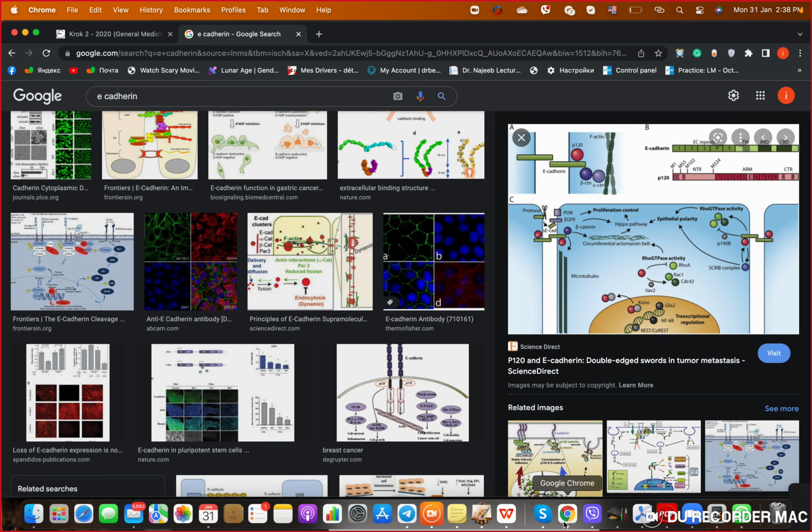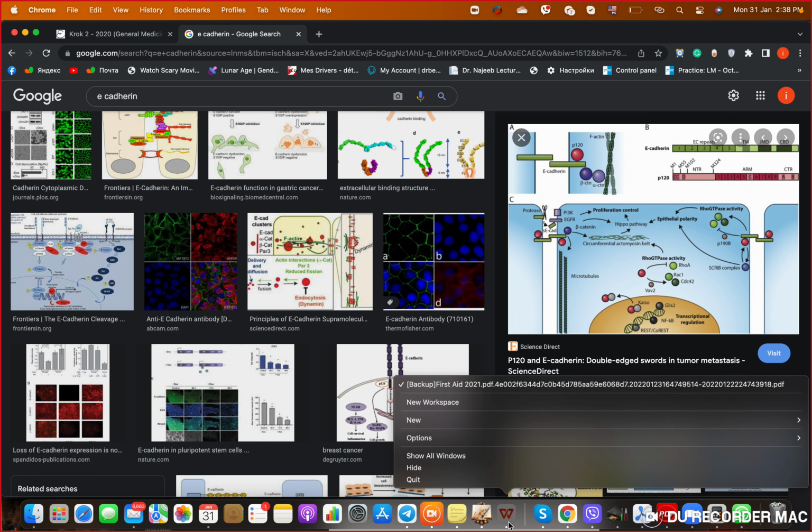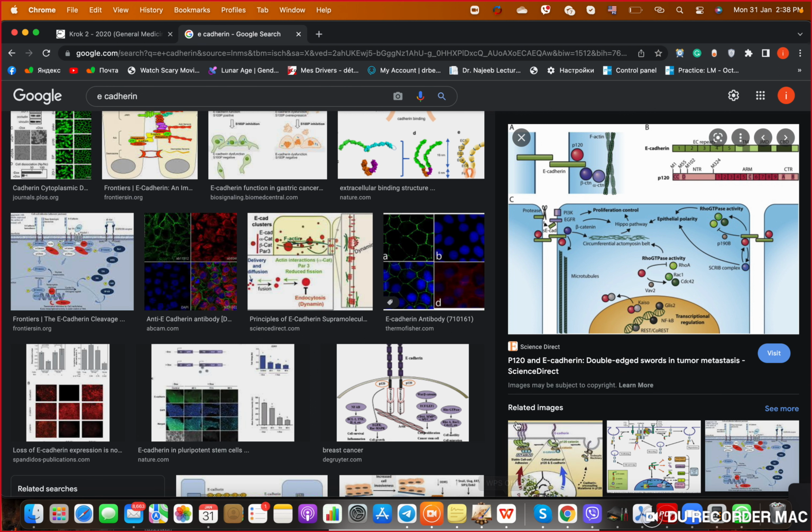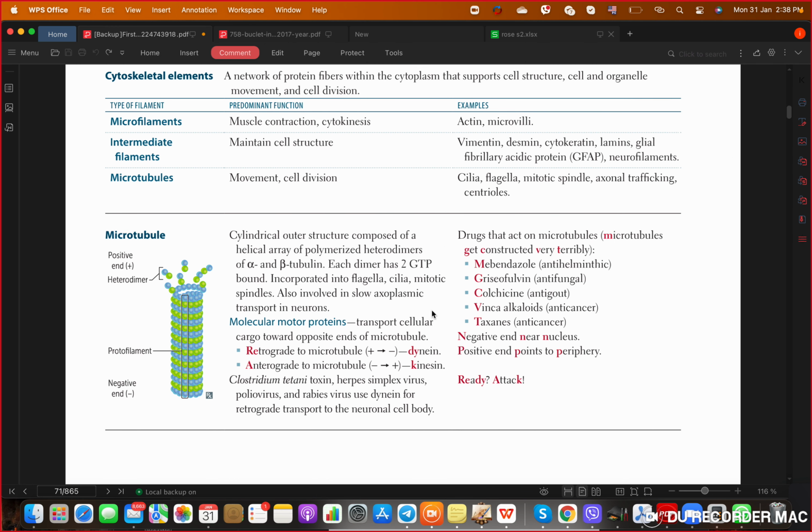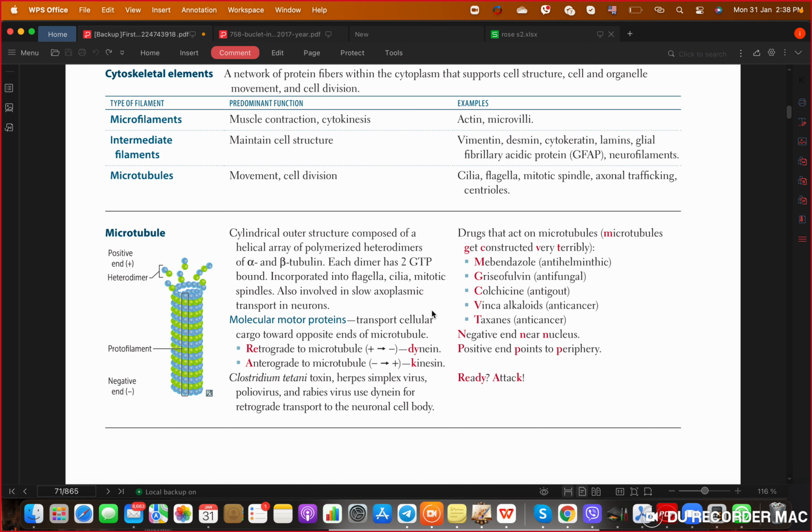So is this for melanoma you're talking about? Melanoma is one of the examples, but not only. Even squamous cell carcinoma of the cervix, for example, can be the same. How do they deal with the E-cadherin? They don't destroy it, they down-regulate it.